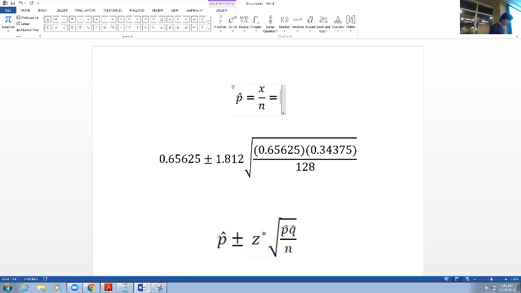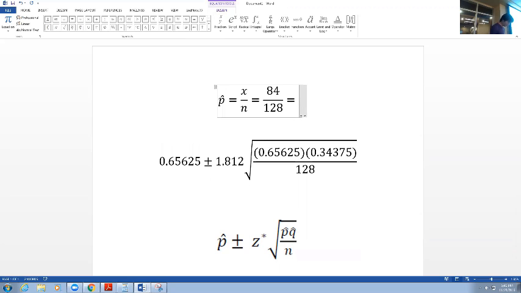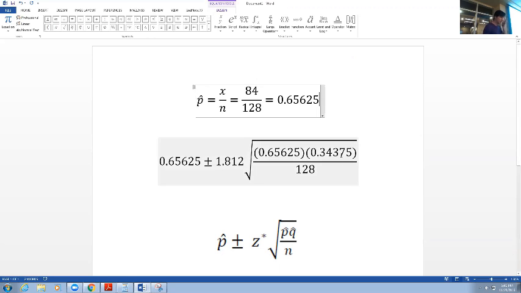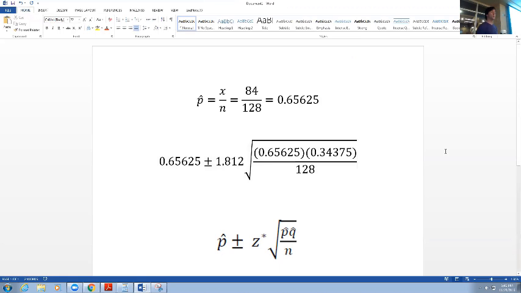And so x divided by n is merely 84 divided by 128, which is equal to 0.65625. So that's how I found P hat. And Q hat is equal to 1 minus P hat. They're complements of each other. They add up to 1. So does everyone see the work we have right here and how to obtain those answers?